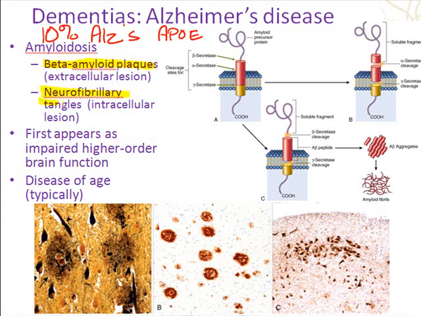and neurofibrillary tangles. Now, the difference between the two of these, they're both types of proteins that develop in people as they age and are highly prevalent in people with Alzheimer's disease and can be identified at autopsy, though not so much before that point. They're both protein type molecules.